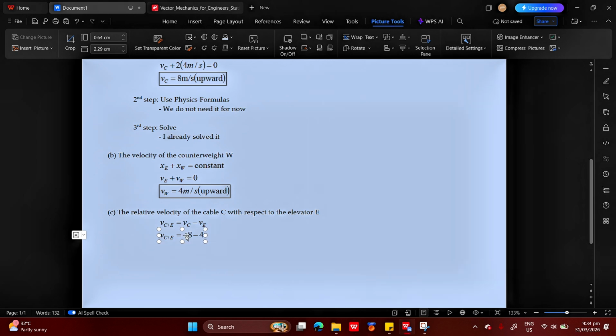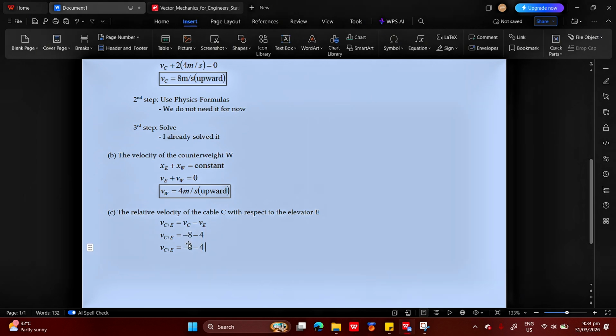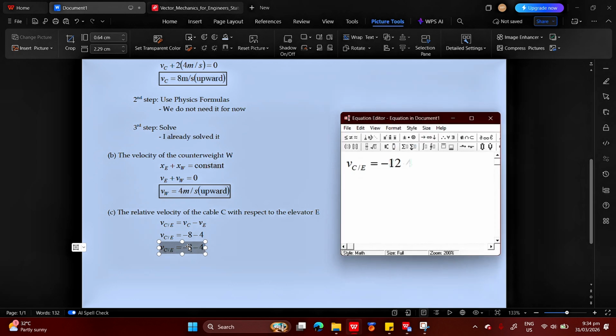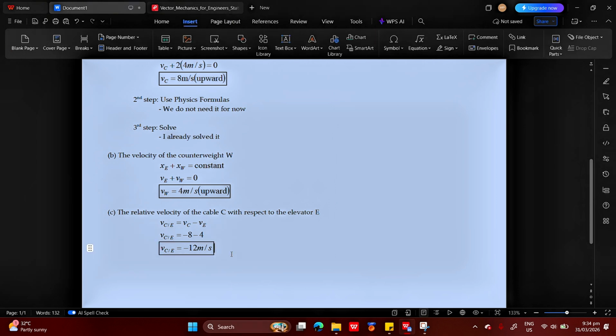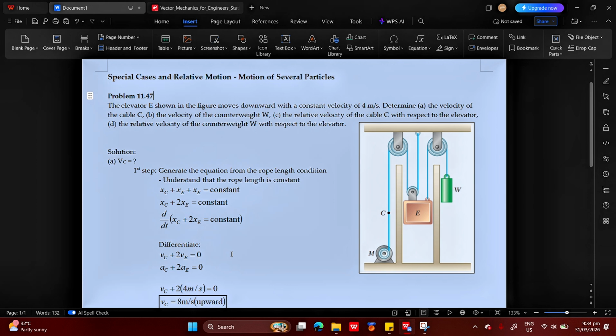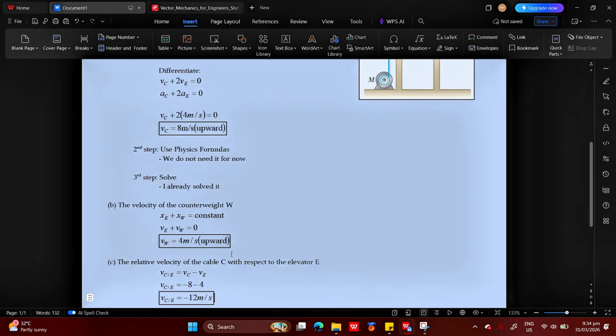So our answer must be negative 12. Let's just put negative 12 per second. We can put that because we are talking about relative velocity, and the sign is important because we are showing that we subtracted the two.